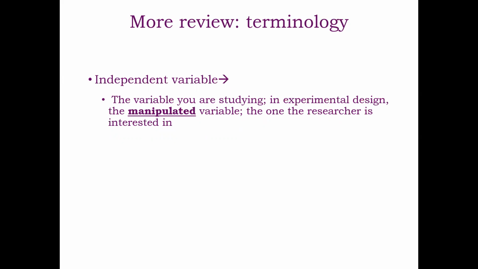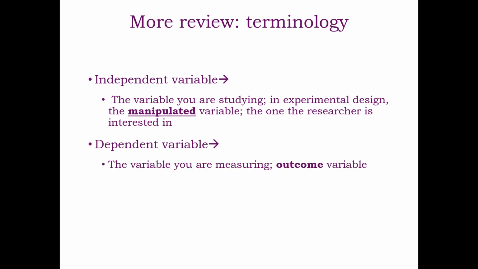After you do that, you would then measure the effect of the video games on your dependent variable, which in this example could be aggression, right, that we've talked about. So the dependent variable is the one you're measuring. The outcome variable, if it's an experimental design, it's presumed to be caused by the independent variable.